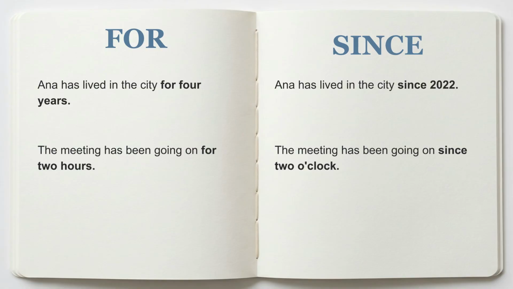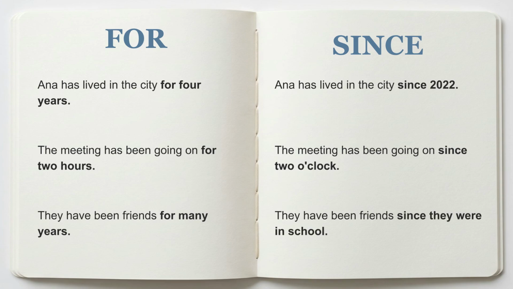They became friends in school. They are still friends. For: they have been friends for many years. Since: they have been friends since they were in school. Same situation every time, 2 different angles. For measures the length.